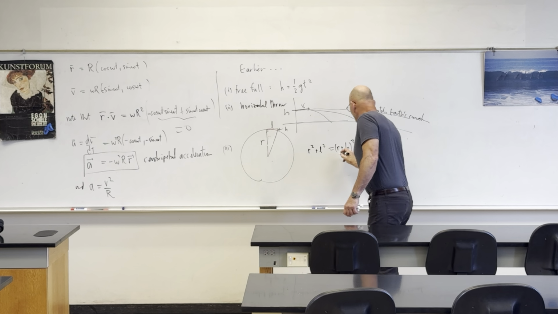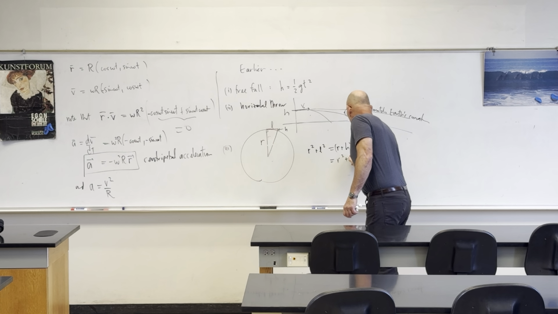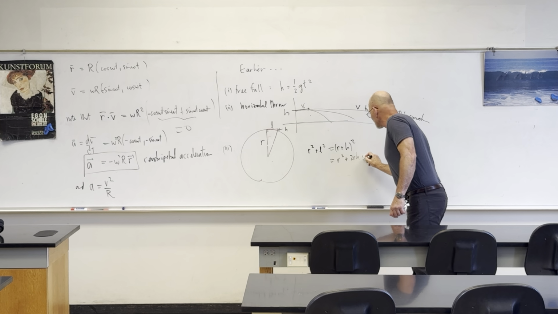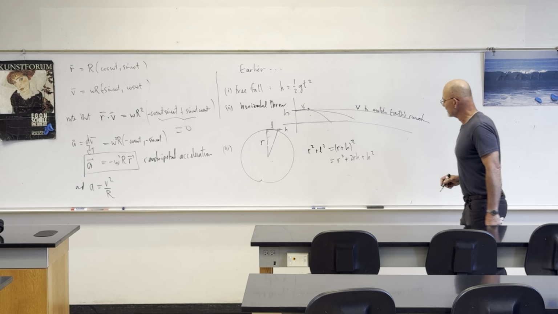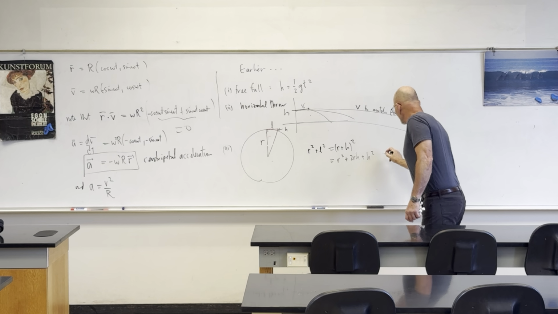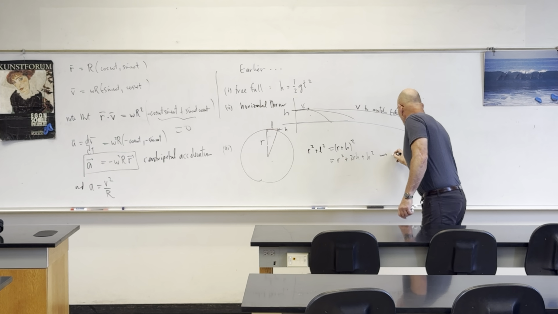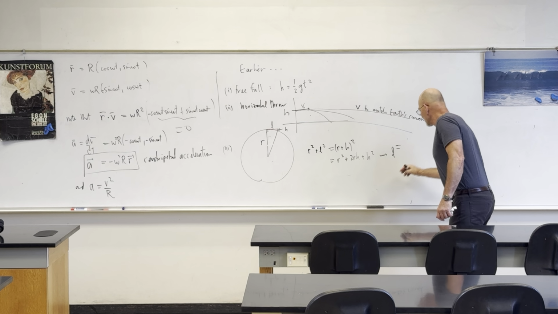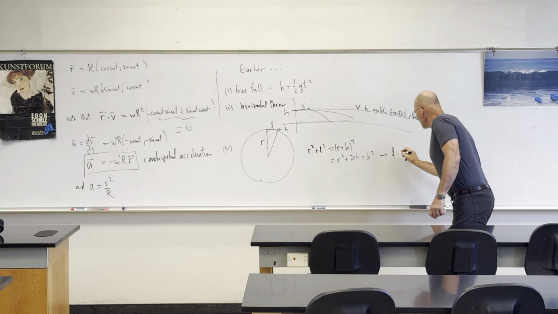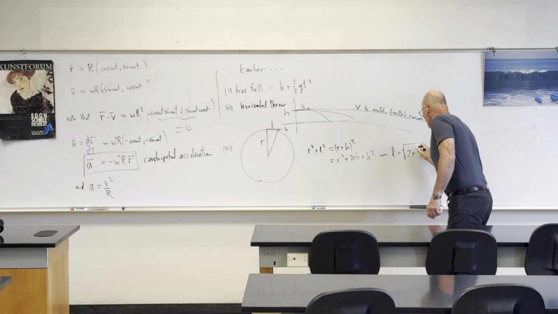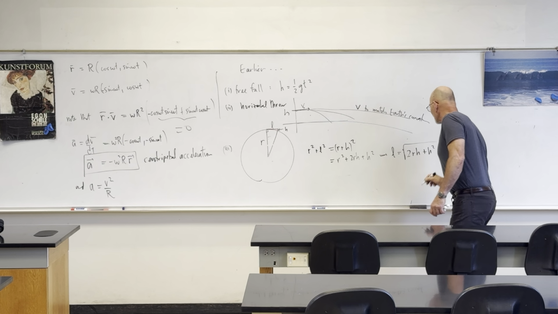So we expand this out: r squared plus 2rh plus h squared. And then we'll drop r squared from both sides, and then we get L squared left, so L is equal to the square root of 2rh plus h squared.